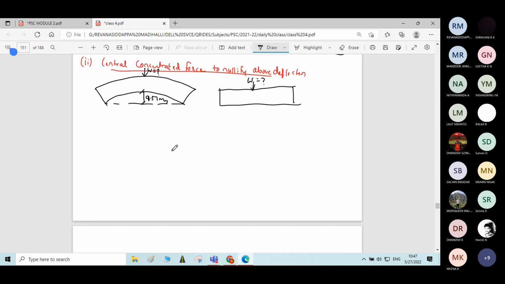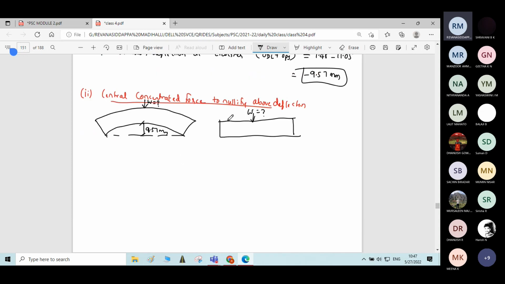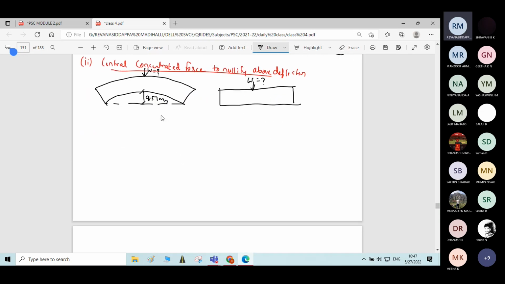This is what the problem is. Therefore, to nullify the above deflection, that is 9.57 mm, the following condition must be satisfied.